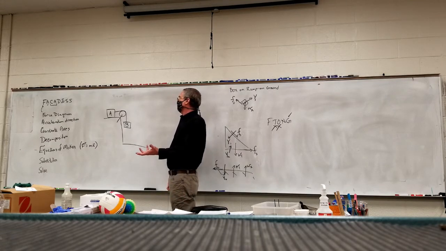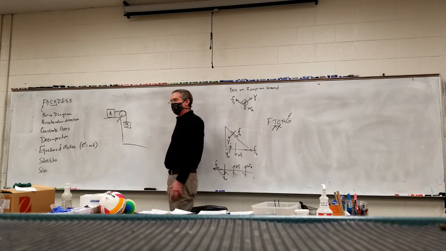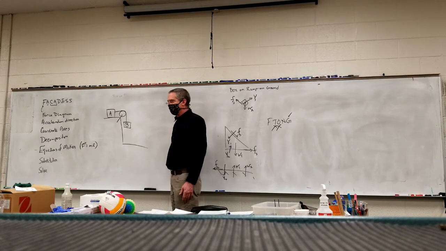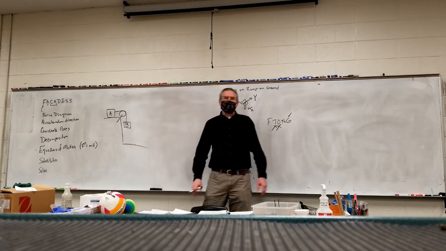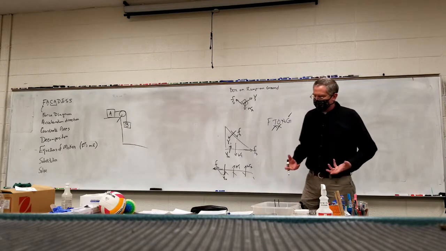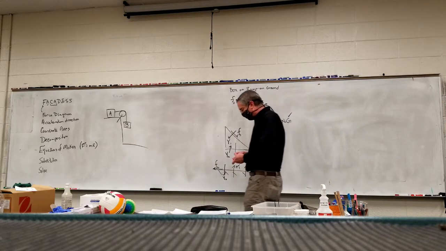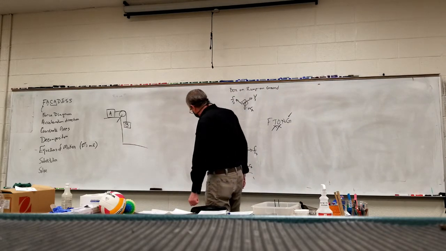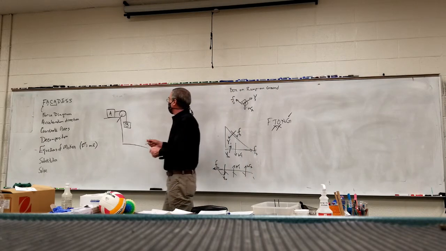Blocks dangling from a rope attached to another object. At this point, I sort of run out of easy descriptions. So for something like this, there are a couple of assumptions we're going to start out making that we can do away with later, but for right now, this is going to be an ideal rope.